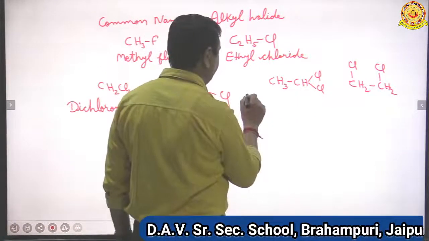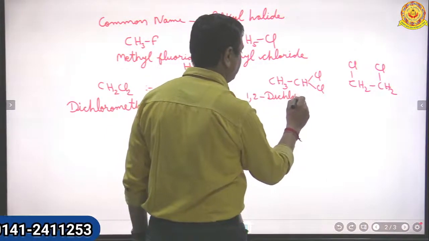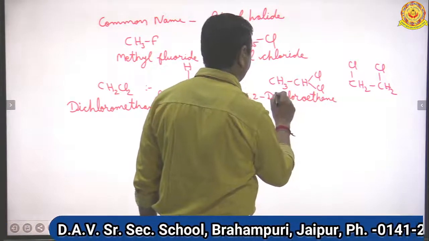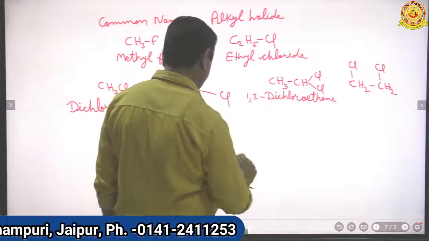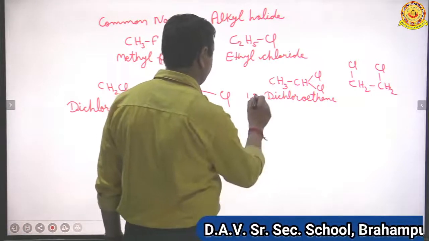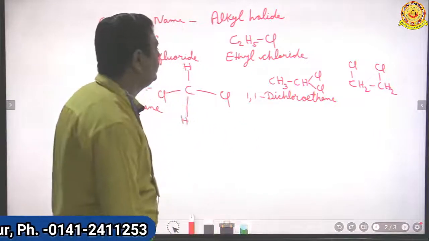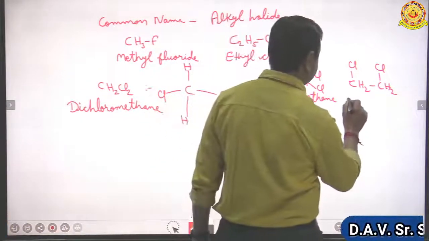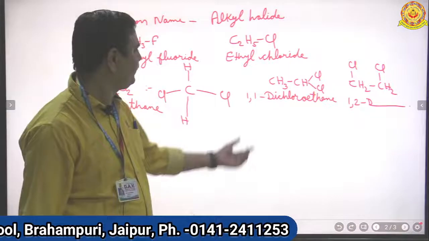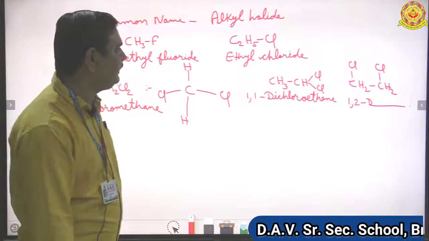Here we will name one 1,1-dichloroethane, and this will be named 1,2-dichloroethane.